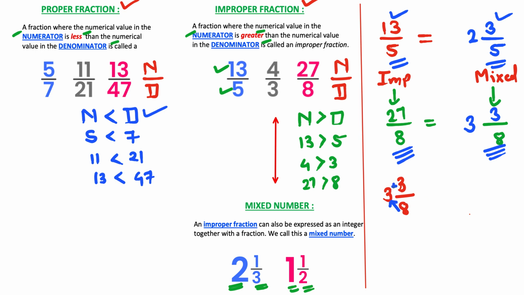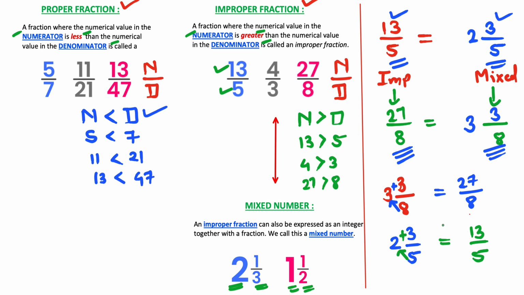Then add whatever comes, so 24 plus 3 is 27 upon 8. Now if you take 2 3 upon 5, you do one thing: 5 twos are 10, 10 plus 3 is 13 upon 5.